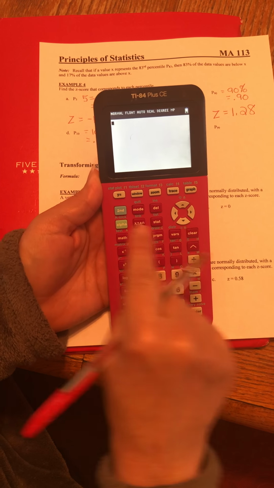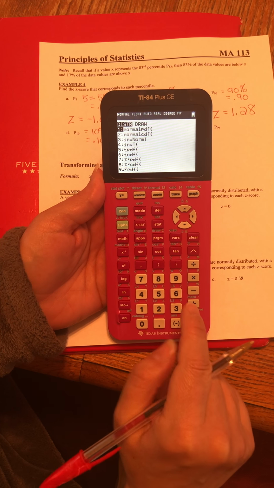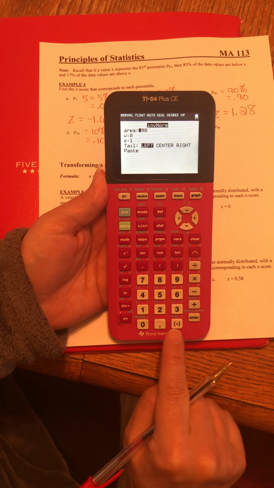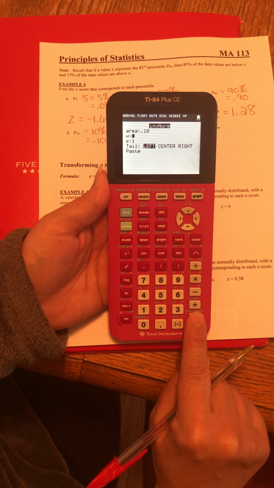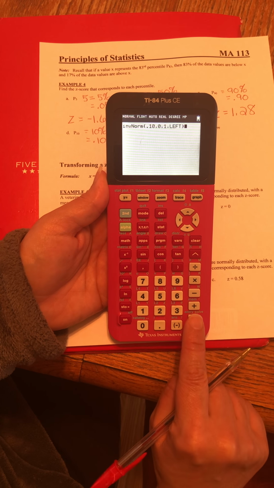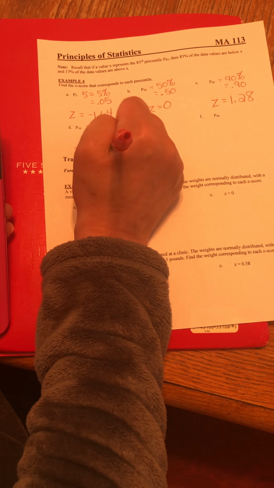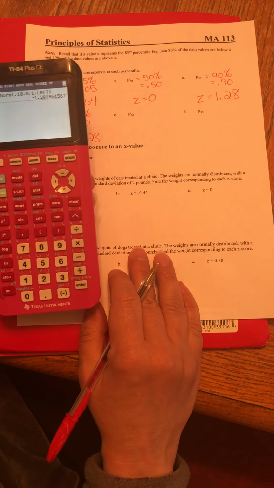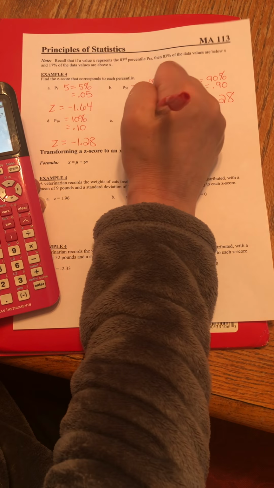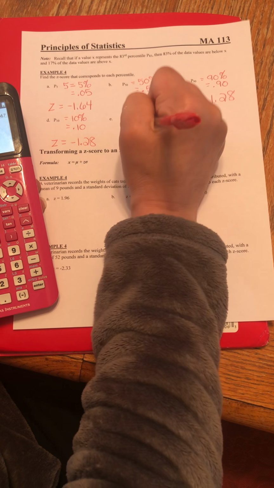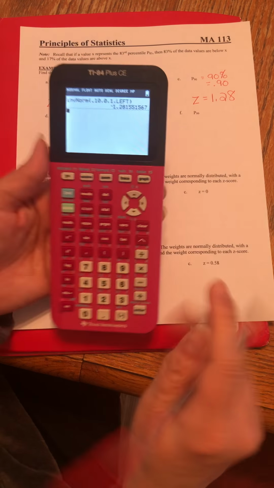So go to second DISTR, number 3, 0.10, mean 0, standard deviation 1, left, paste, enter, and you should get z equals negative 1.28.